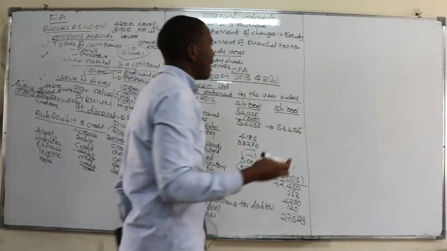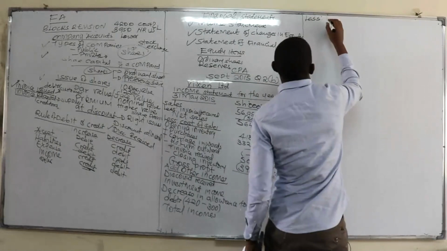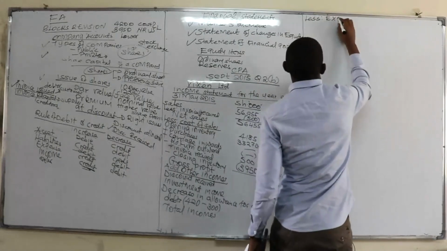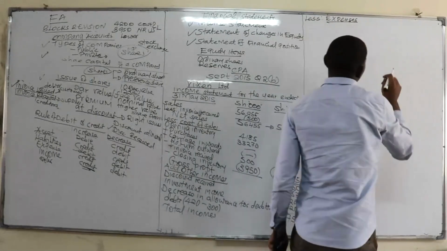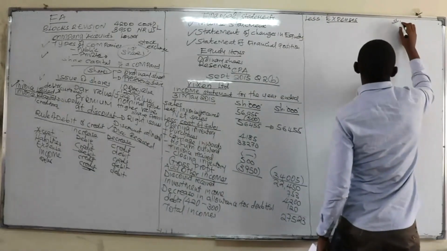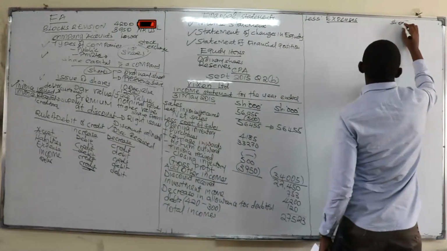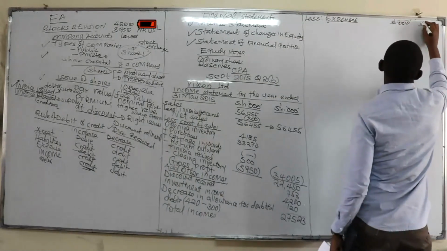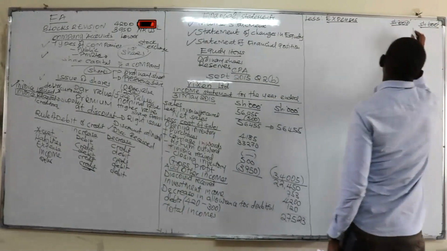So from there now you less the expenses. You less expenses. In this case, I can have shillings in thousands. Now we are on the expenses.